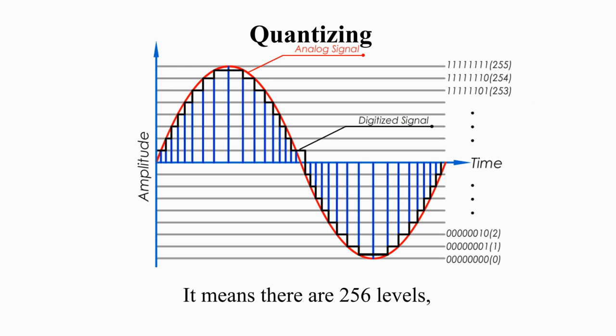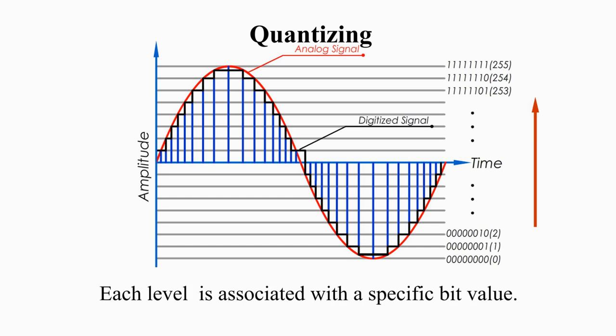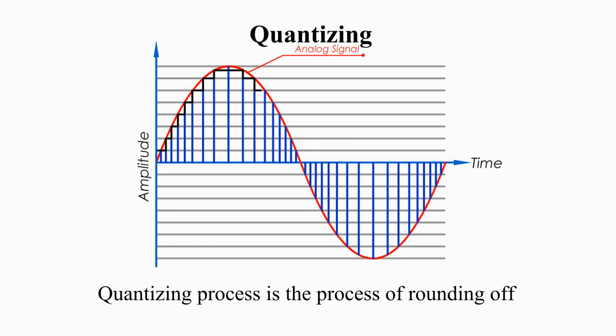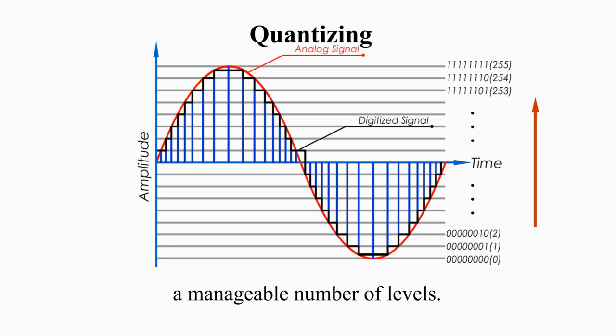It means there are 256 levels, and each horizontal line represents a level, and each level is associated with a specific bit value. Quantizing process is the process of rounding off the amplitudes of flat top samples to a manageable number of levels.